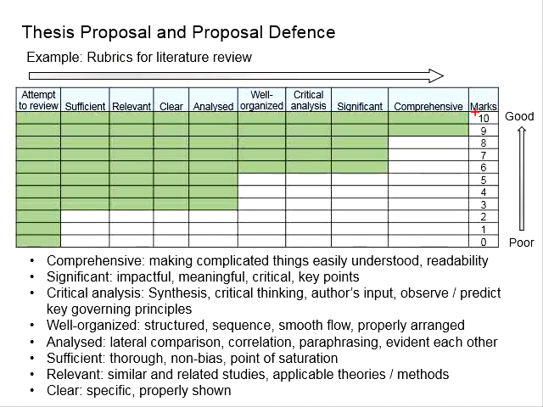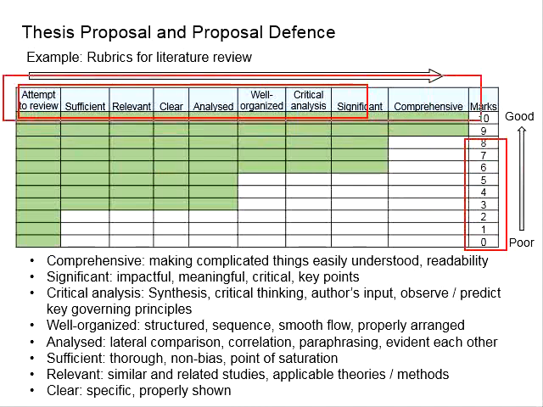In order for you to score 9 to 10 marks, you need to have every single aspect as mentioned in the rubric fulfilled. If you only fulfill the basic, that means the marks will be low. If you fulfill part of it, the marks will be slightly higher. If you fulfill more of it, the marks become higher. It is only when you fulfill all, you get the highest mark.